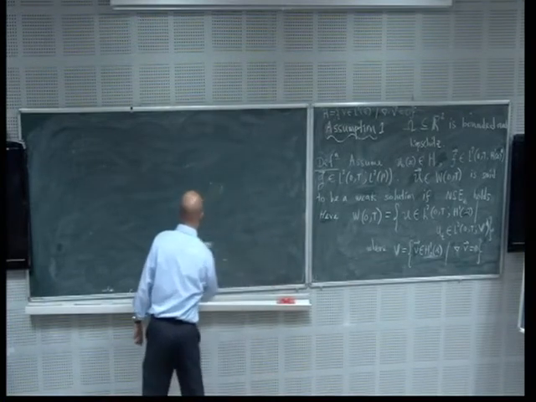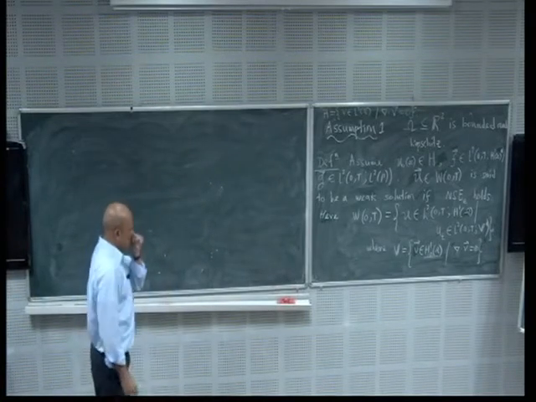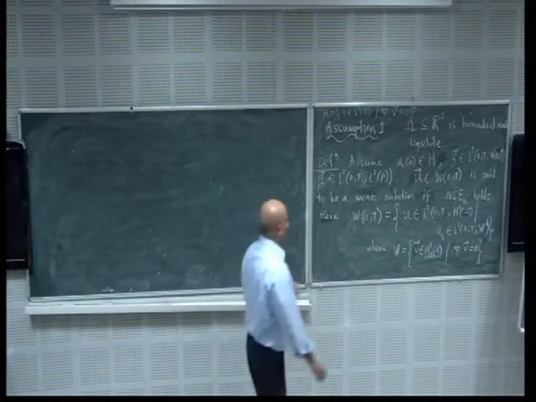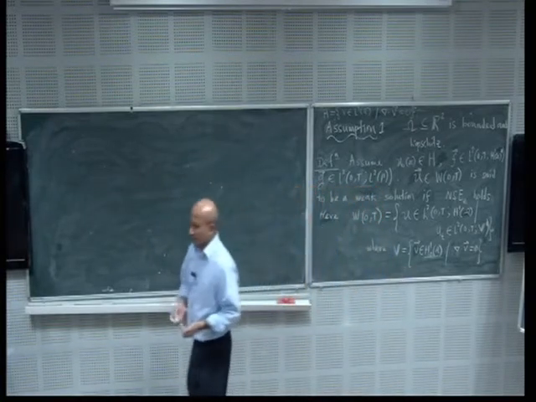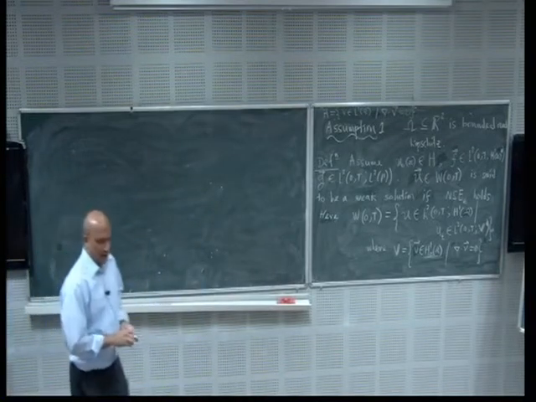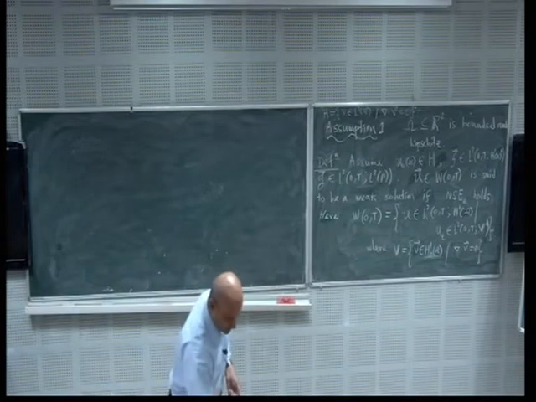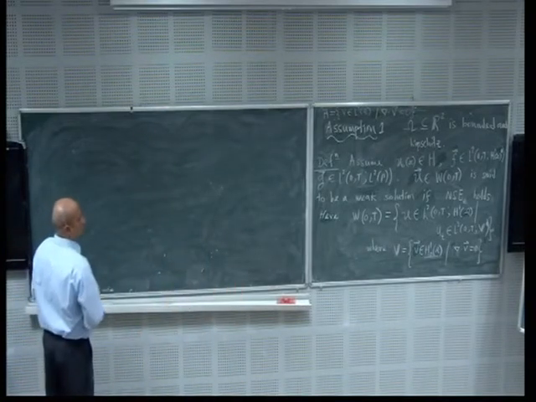Okay, so with that definition, I'm going to first prove the existence of weak solution. Then we'll talk about the control aspects. Basically I want to define the control to state map.